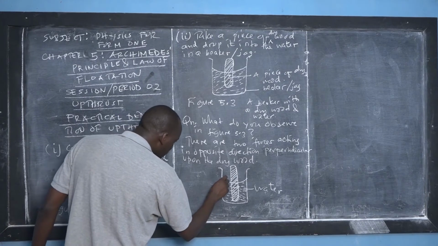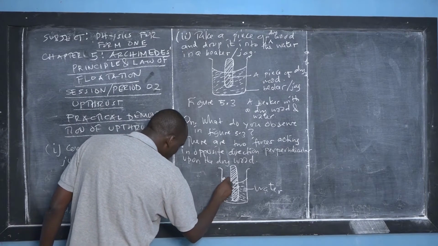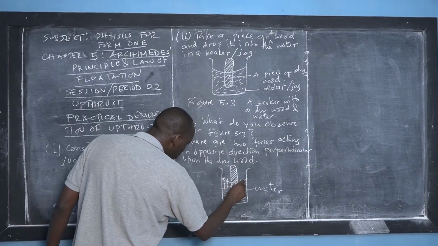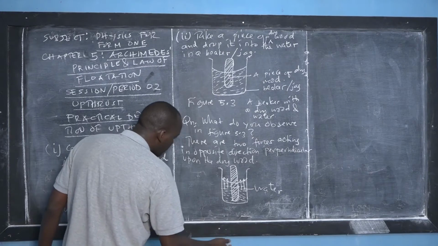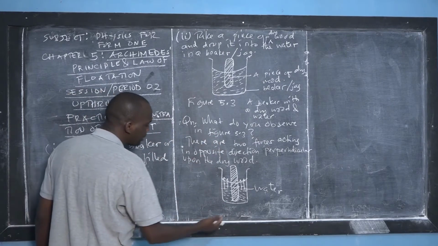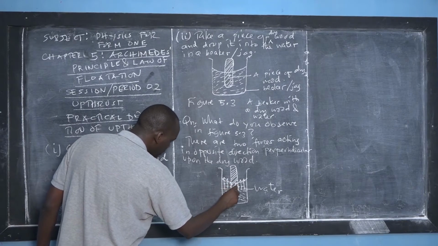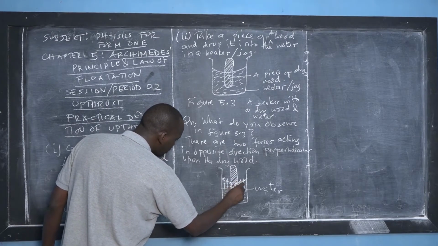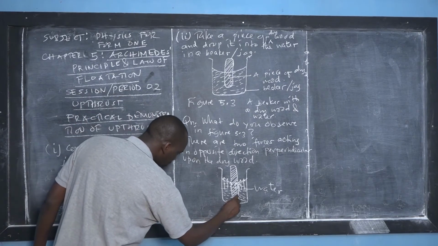So it means that this fluid is pushing the dry wood up. This is because of the pressure that I will be discussing later, but that's what is happening. So all of these liquids will be pushing up what? This dry wood.